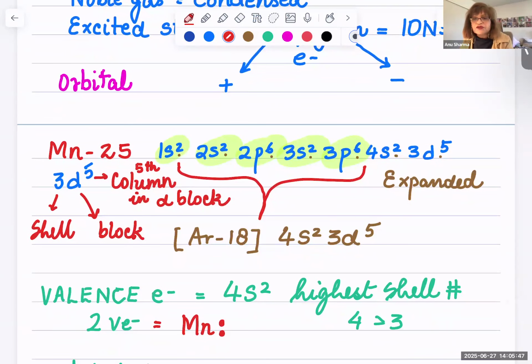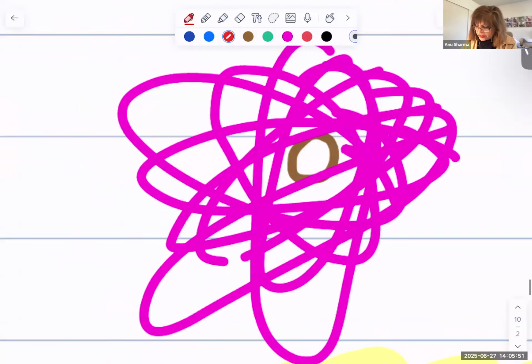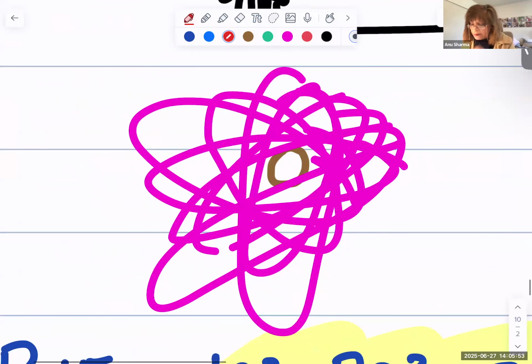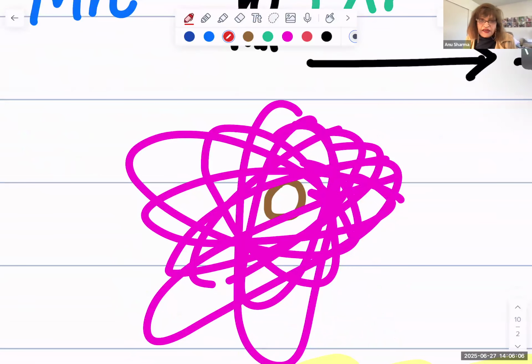The further away the electrons are from the nucleus, the more freedom they have, and when the electrons have freedom, they move very easily. And we write the electronic configuration based on how the nucleus sees the electrons.